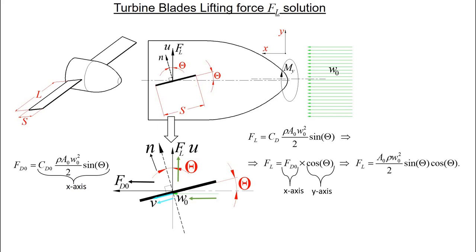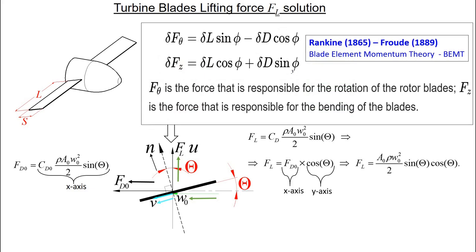Blade element momentum theory, developed before the Wright brothers' flight, is a highly simplified but useful approximation in the Rankine-Froude momentum or actuator disk model. The Wikipedia source has such a force equation. F theta is the force that is responsible for the rotation of rotor blades. F zeta, in our case in the x-axis, is the force that is responsible for bending of the blades.